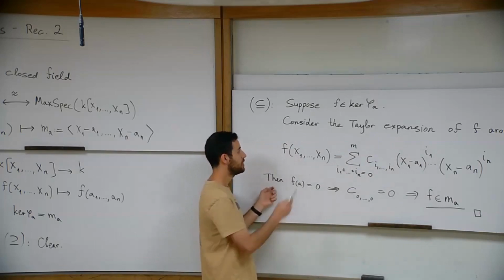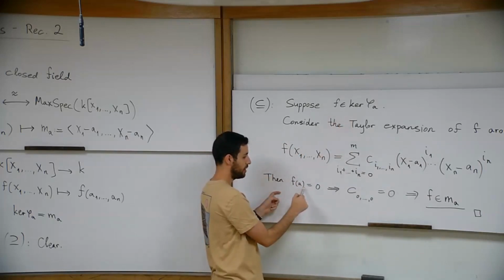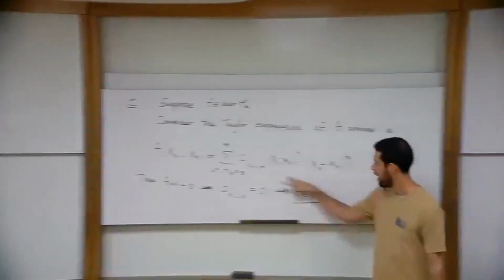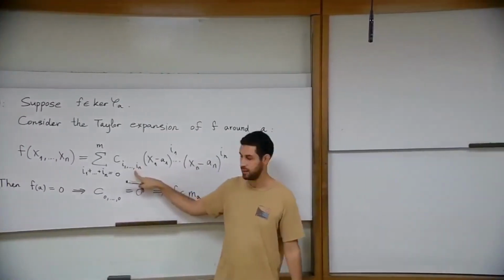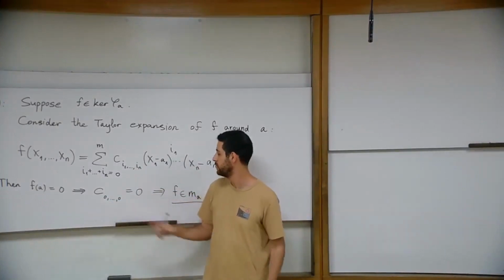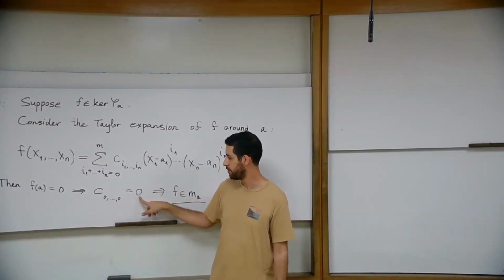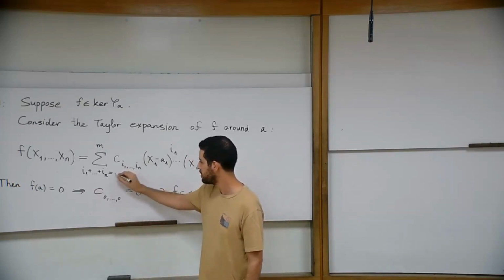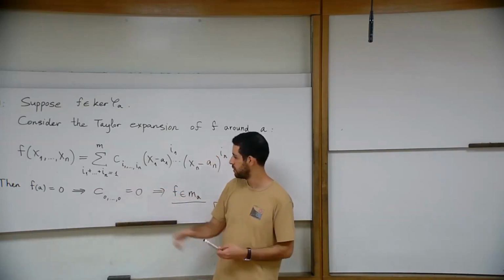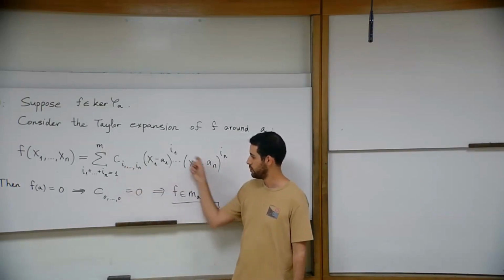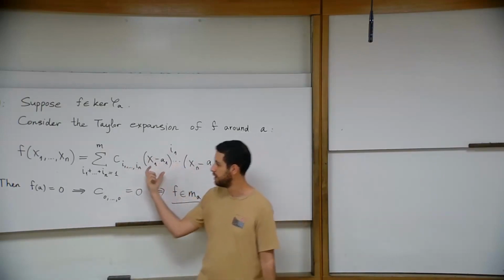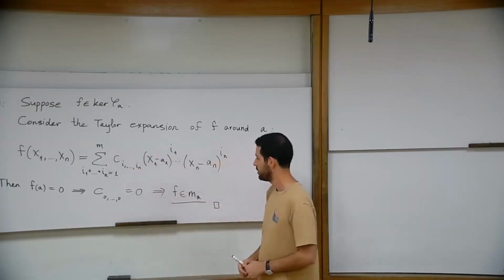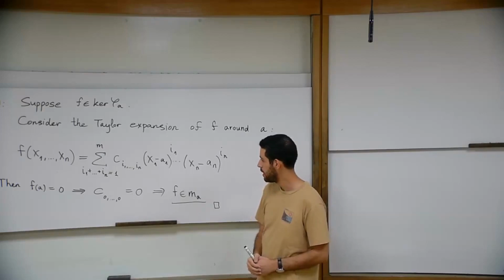Now, obviously, if f is in the kernel, then f(A) is 0. But what is f(A)? When we substitute A, everything is cancelled except for the free coefficient, c_{0,...,0}. So c_0 is 0, since this is the value. But then, that just means that we can begin the summation at 1. So each summand here belongs to the ideal M_A, and obviously, so is the sum. So this shows that f belongs to M_A.